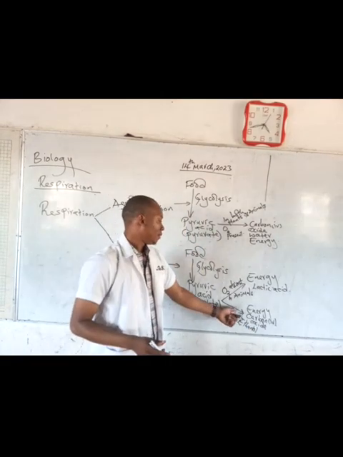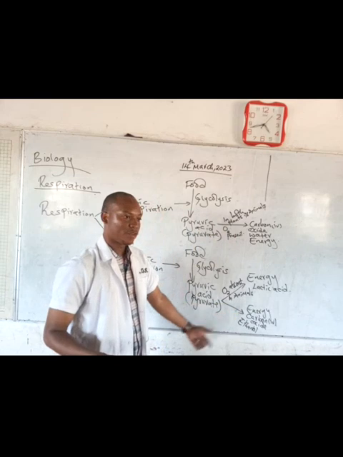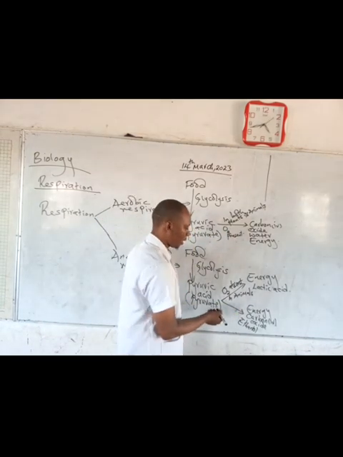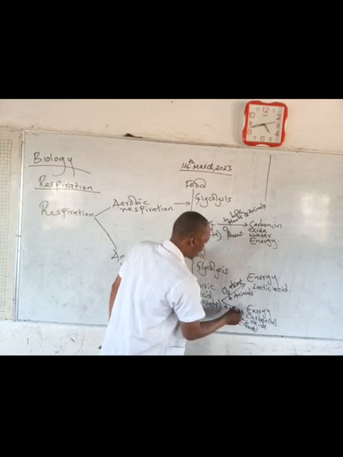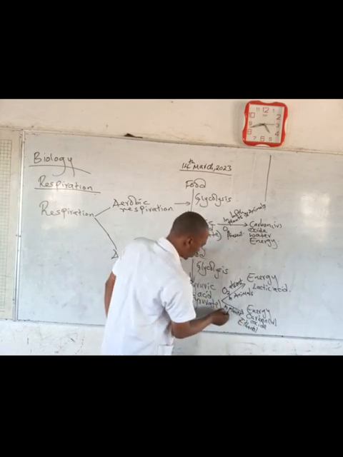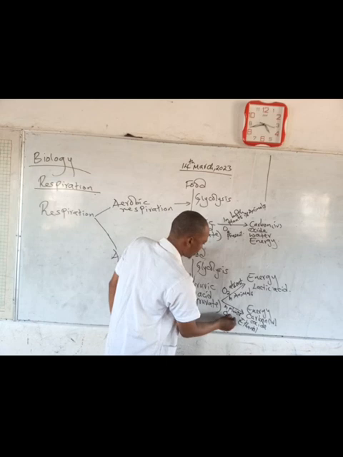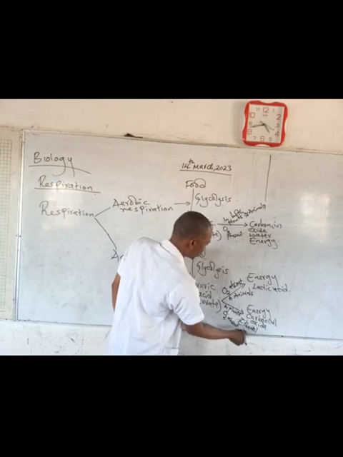So these are the products formed when anaerobic respiration takes place in plants. And in both cases, oxygen is absent. Oxygen is not around.